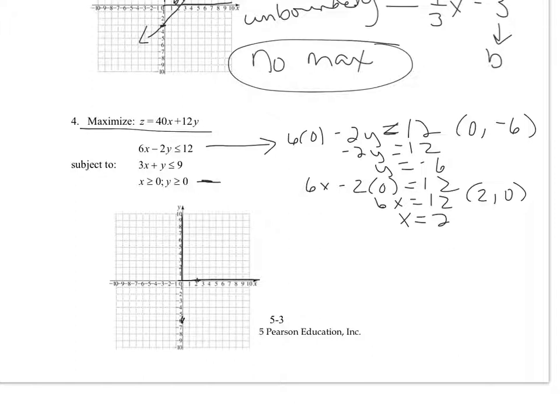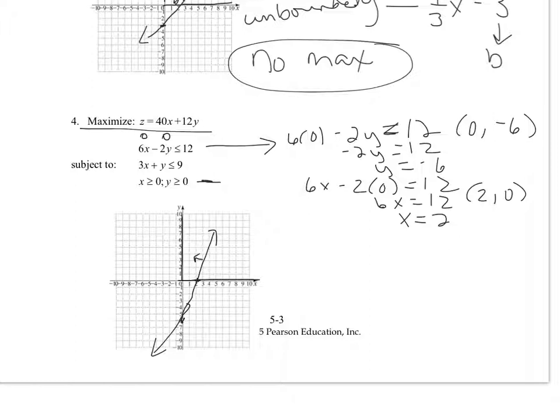And I'm going to draw this in. And I need to determine which way this should be shaded. 0, 0 is a great test point. So if I put in 0 for x and for y, is 0 less than or equal to 12? The answer is yes.